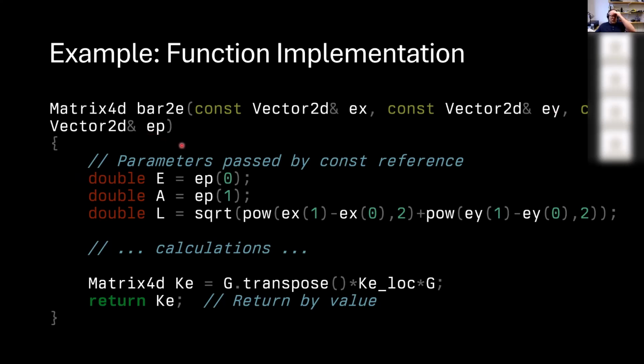It takes read-only parameters as input, and it returns a 4x4 matrix. Here I assign, this is just a convenience thing to have shorter variables, and I use the matrices inside here to calculate E, A, and L. Then I create my matrix to be returned, do my calculations inside here, and return KE. Also, this G matrix here is calculated inside here.